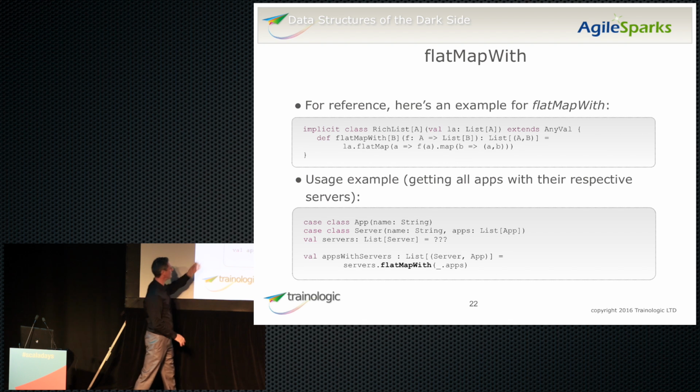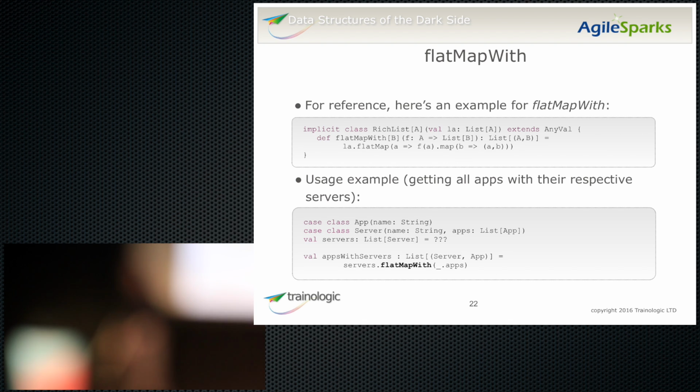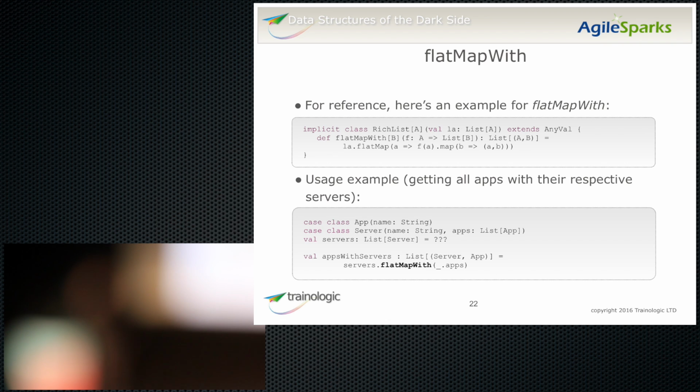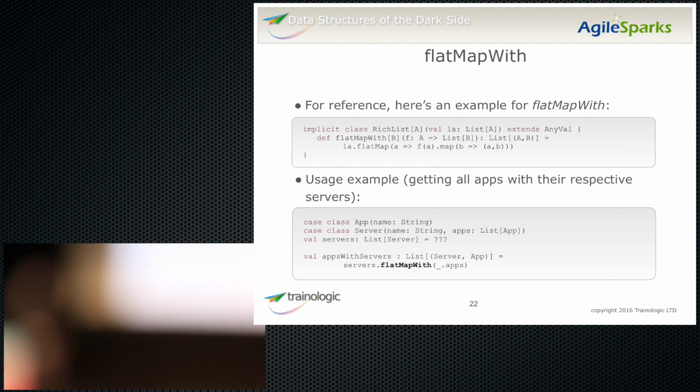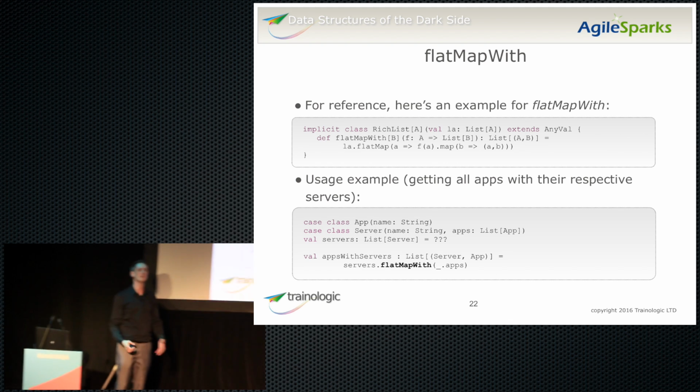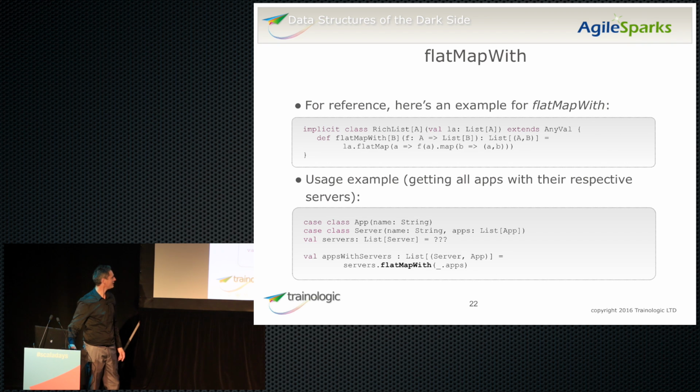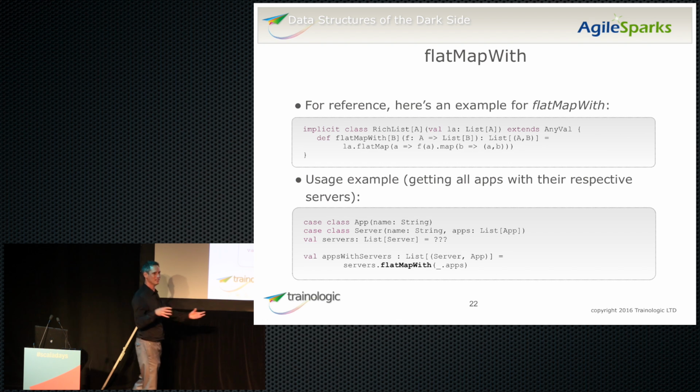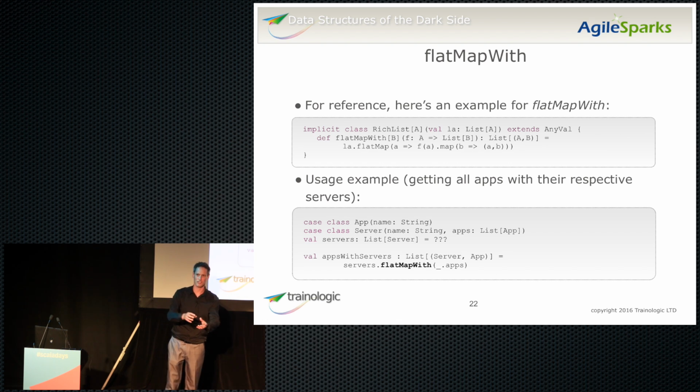I'm having apps, and I'm having servers, and the server can contain a list of applications, and I'm having some servers here, list of servers, and I want to get all the applications with their server, a list of tuples. So it's very nice when I use flatMapWith, and just take the apps, and it will automatically tuple it with the original value.